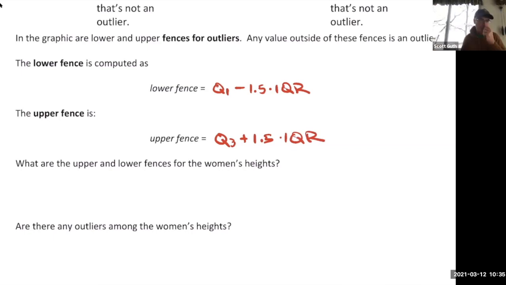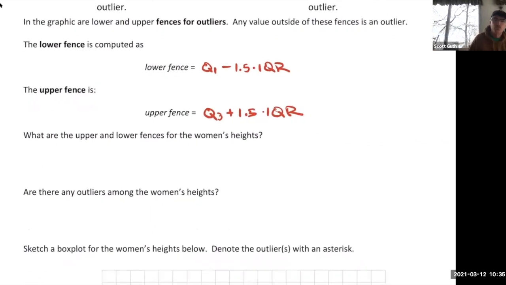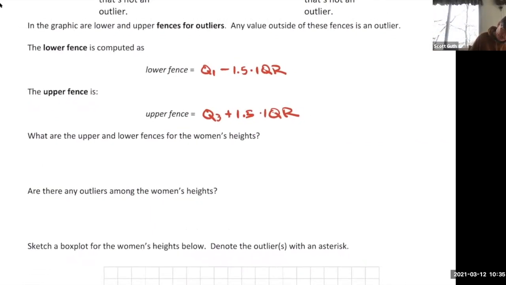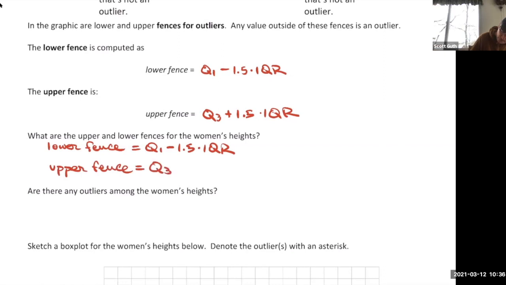Okay. So now that's the rule. Let's go ahead and do the lower fence and the upper fence. So the lower fence for the women's heights, again, the formula is Q1 minus 1.5 times the IQR, and the upper fence is Q3 plus 1.5 times the IQR.